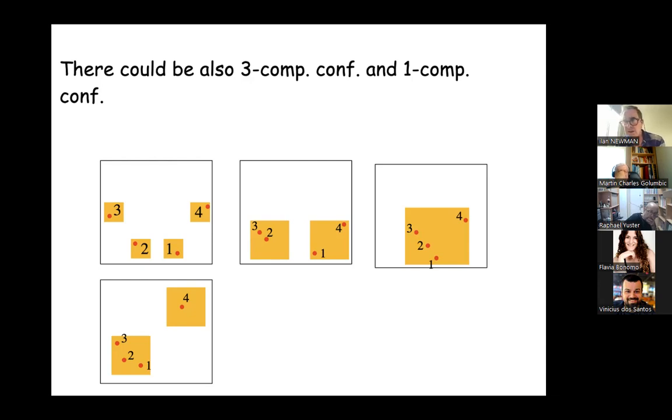Then next to the right, it's a 3, 2, 1, 4 appearance, again in one component, but in just one box. And below, there is a 3, 2, 1, 4 appearance, again in two components, but in a different way. You see the 3, 2, 1 legs of the appearance appear in one box, and the 4 appears in a different box in a different component.